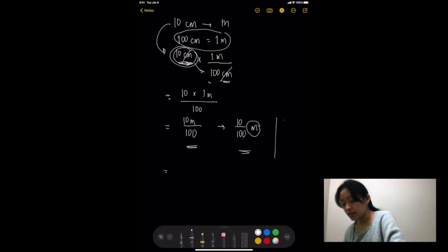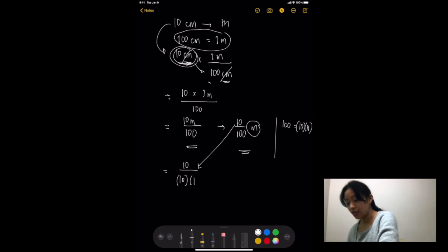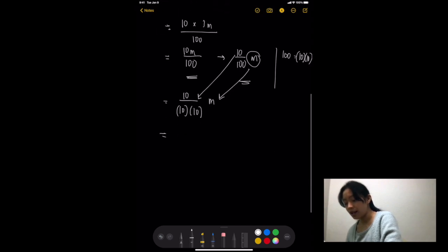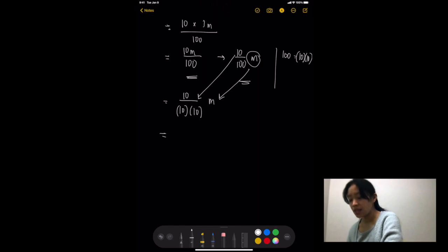I can also take note that 100 is simply 10 times 10, correct? So if I rewrite that, I would have 10 in the numerator from here, and then 100 is simply 10 times 10. And then I write the unit here. So now we have 10 over 10 times 10 meters.